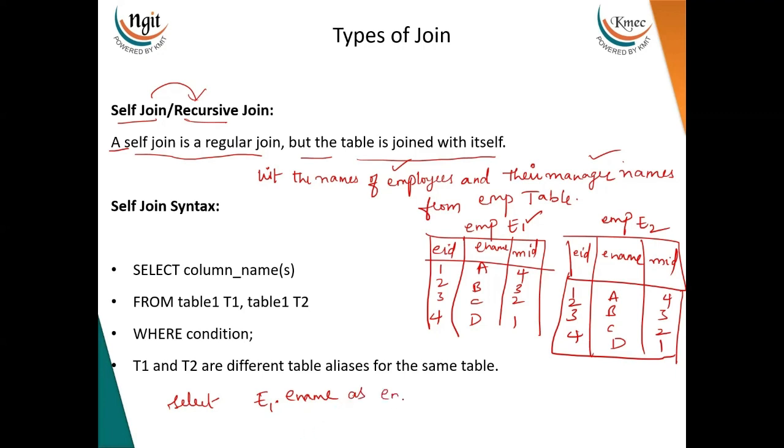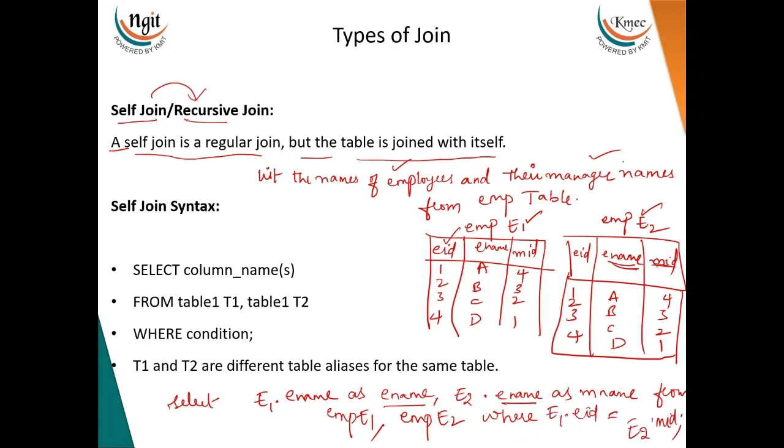So I am taking alias name as E name, comma, E2 dot employee name as, from this E2 employee table, I am retrieving another name, that is employee name from this table. And that alias name I'm going to represent as manager name. From, now you have to relate these two tables using where condition.